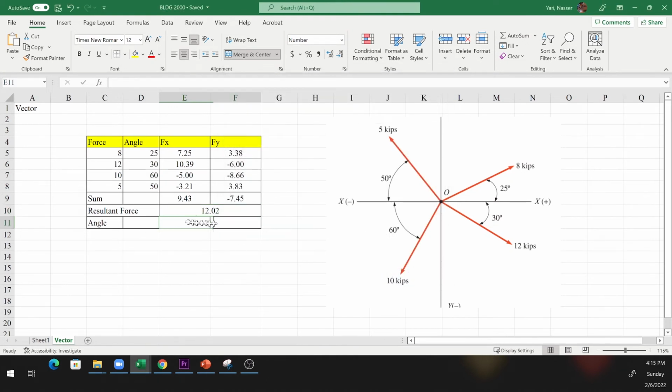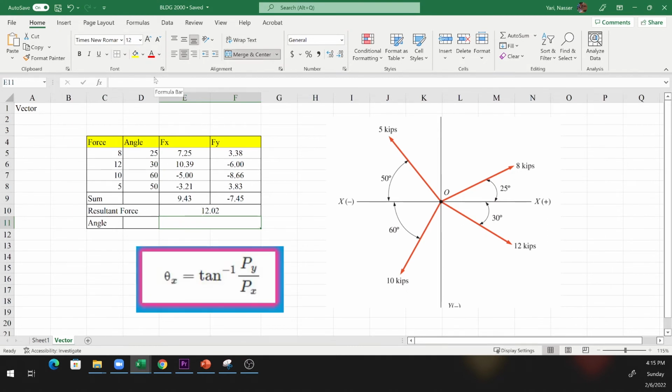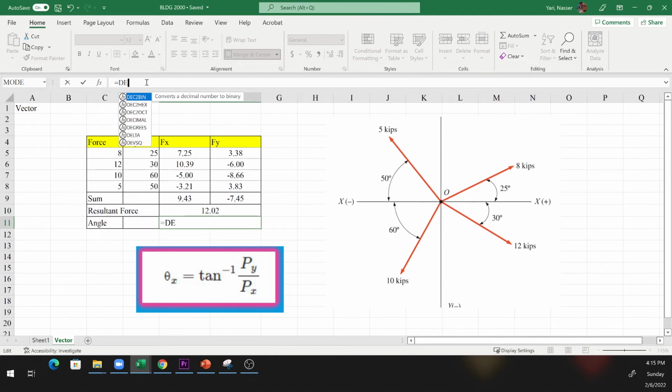Now let's get the angle. Also, let's merge this cell here. The angle came out to type in equal to get the formula, and then we're going to say DEGREES, as you see, it's right in front of your screen. Then parentheses, we're going to go to inverse of tangent, so we're going to use ATAN.